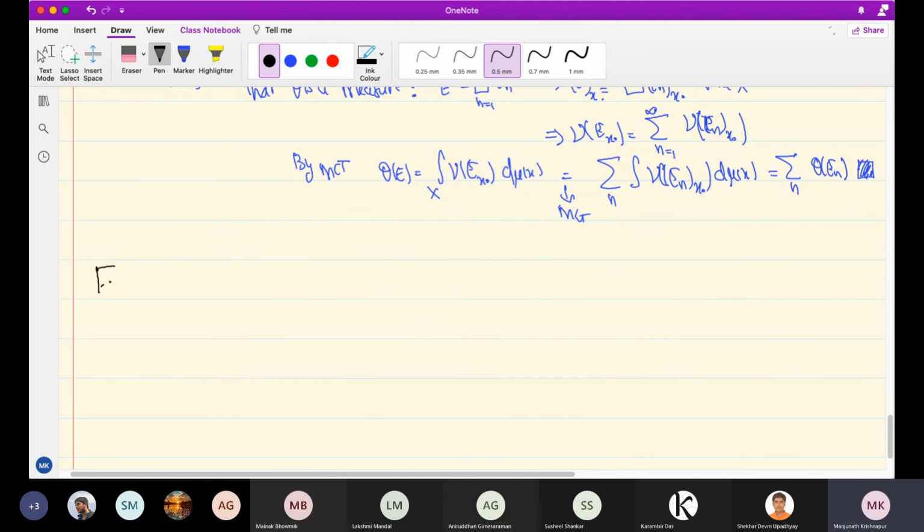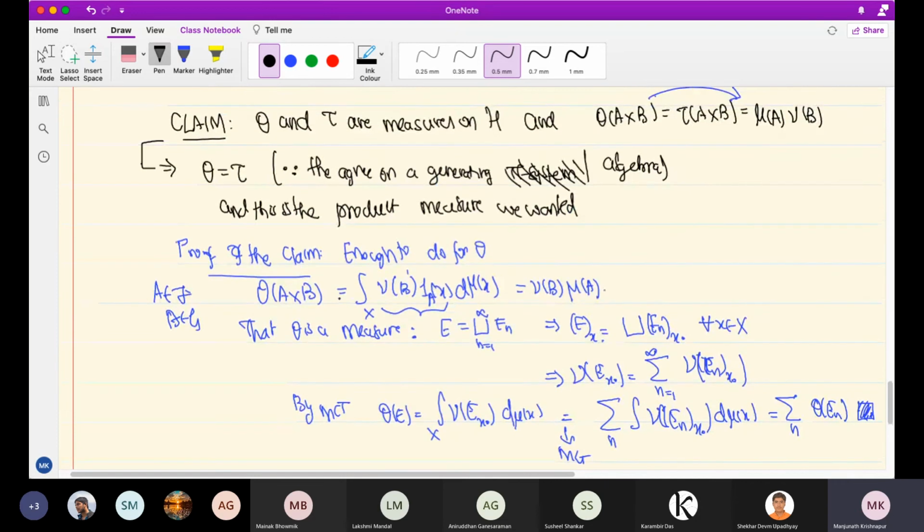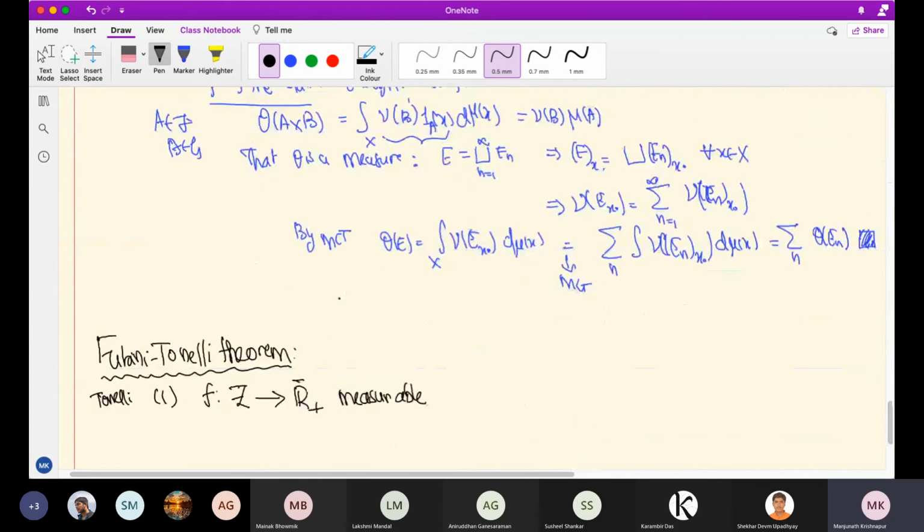So this is called the Fubini-Tonelli theorem. So first one, this is the Tonelli part. Suppose everything is as before, but f is a non-negative measurable function. By the way, this unique measure is denoted mu tensor nu, as I indicated.